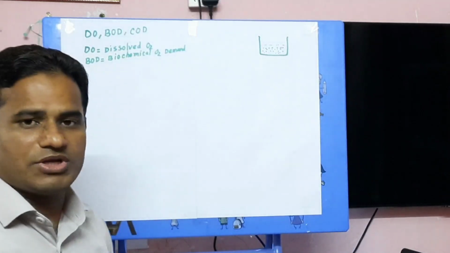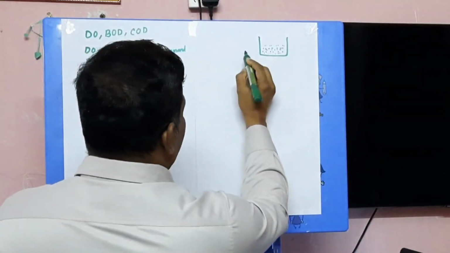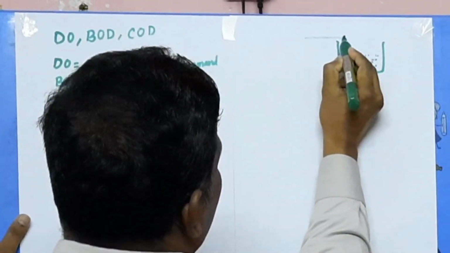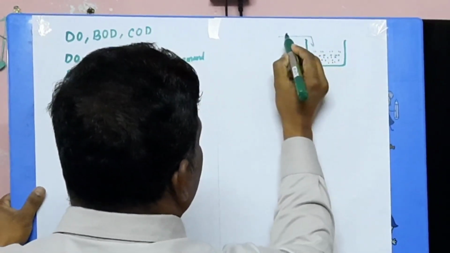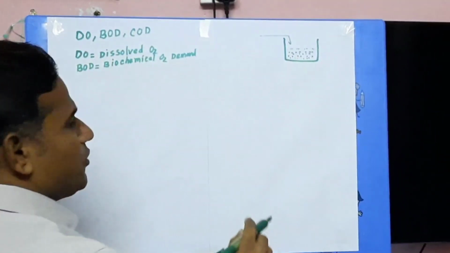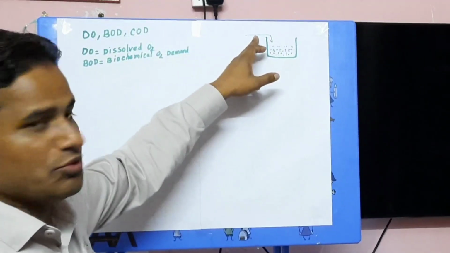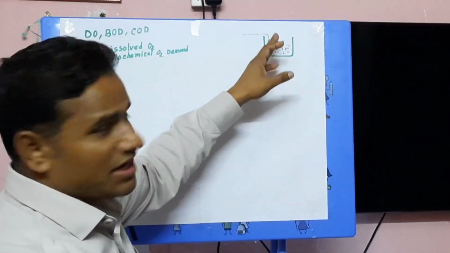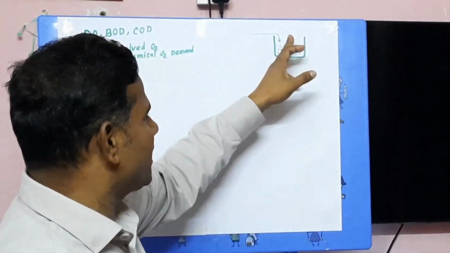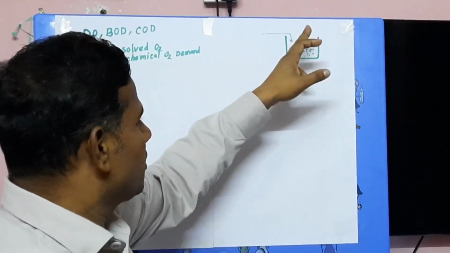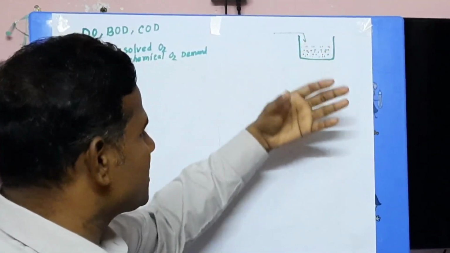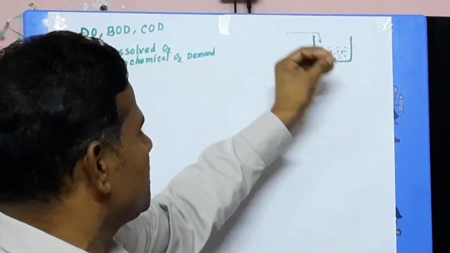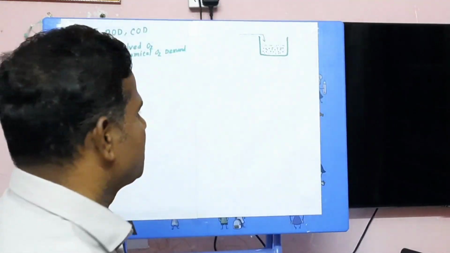I hope you understand BOD. If we provide impurities water from here, so from there impurities will be high, and BOD will be high. But after aeration, the BOD concentration will be reduced.